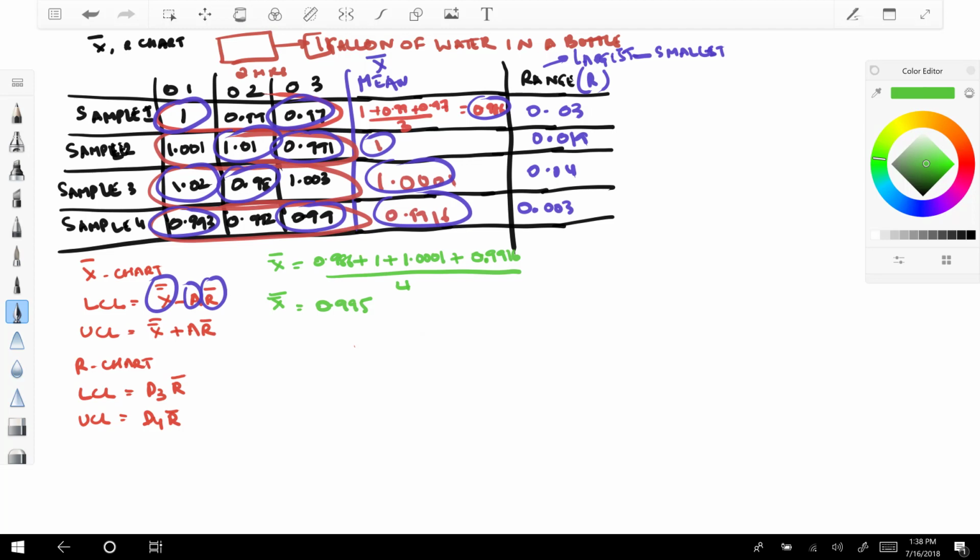Again, if we want R bar, we will do R1 plus R2 plus R3 plus R4 divided by 4 in this case.